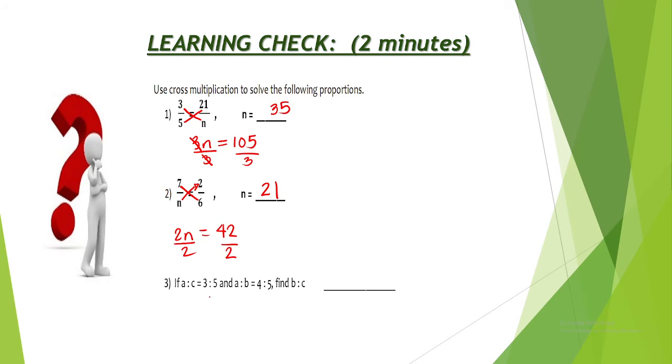Now this one, we can solve it too. But sir, how do we solve this one? Let's multiply. This one. Let's multiply this. What is it? 5a equals, multiply that, 3c. The same thing as this.